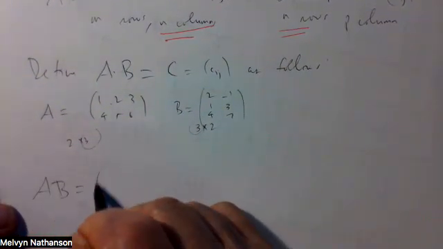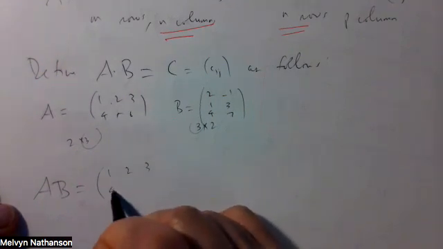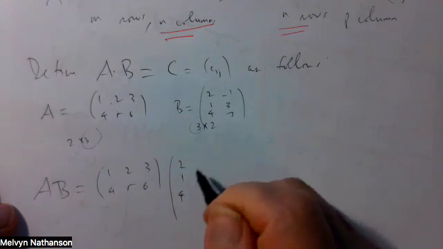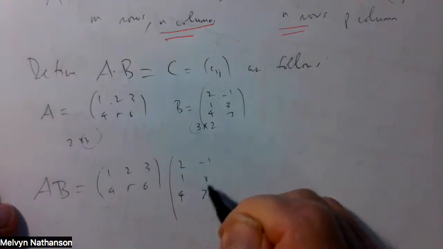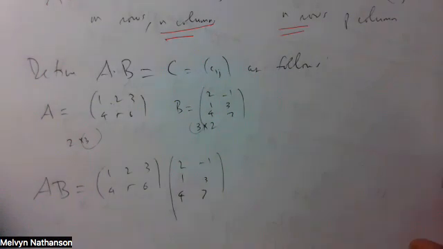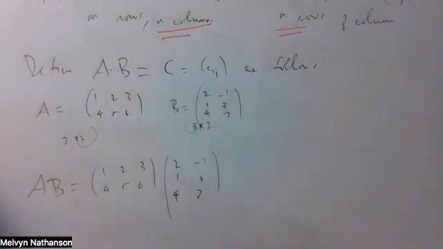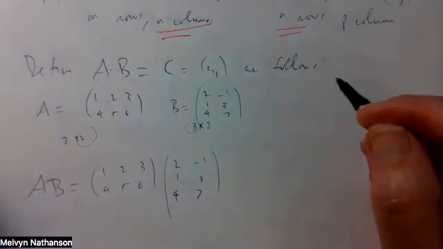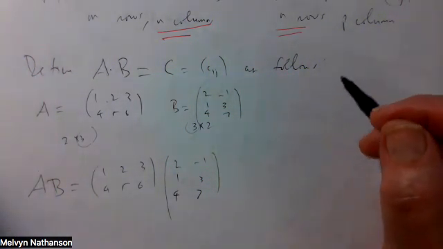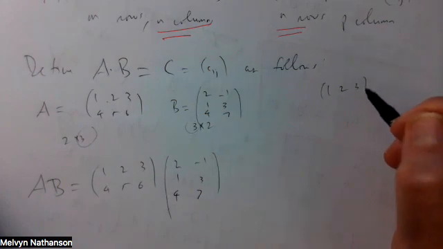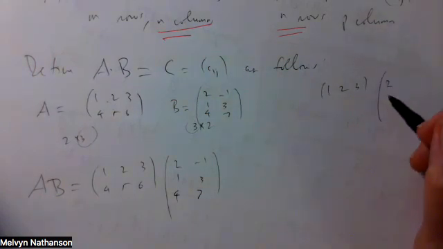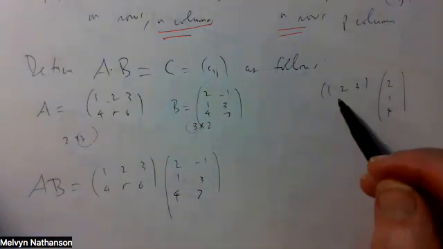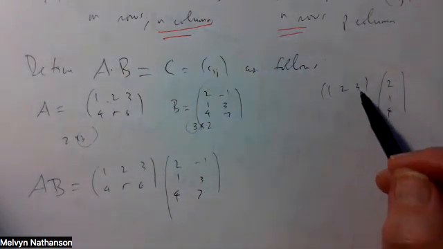A times B, 1, 2, 3, 4, 5, 6, times the matrix 2, 1, 4, minus 1, 3, 7. And the rule for matrix multiplication is you multiply a row times a column. So suppose you have a row, for example, 1, 2, 3. And you have a column, 2, 1, 4. So they have the same number of scalars. Here we have 3 horizontal numbers.